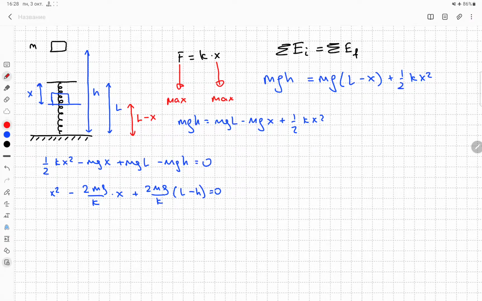As you see from this equation, we have two roots, two answers basically, because we have a quadratic equation.